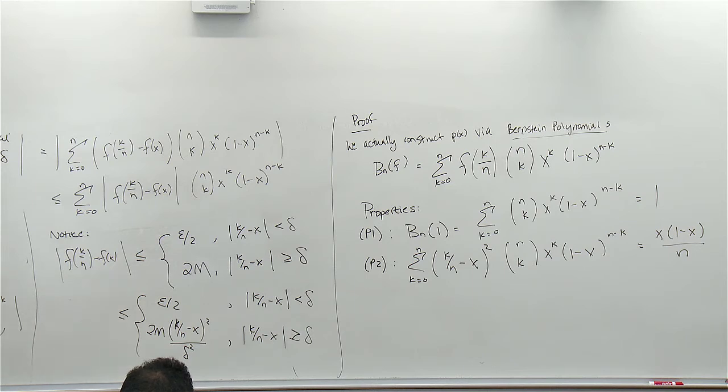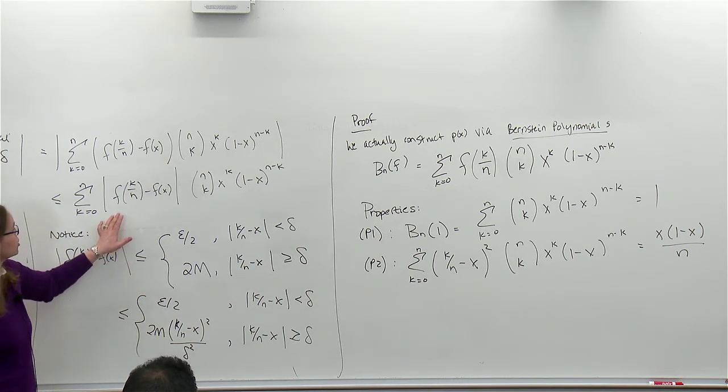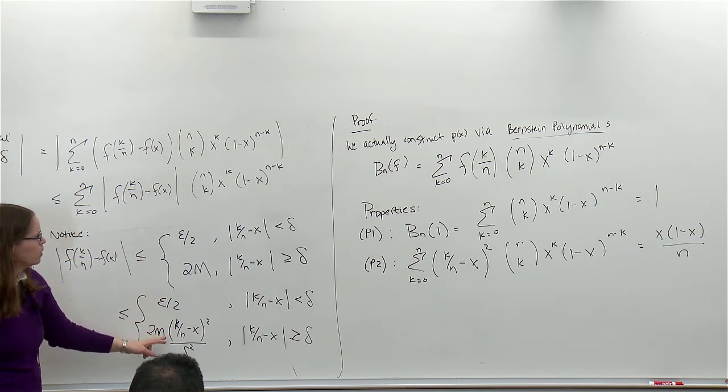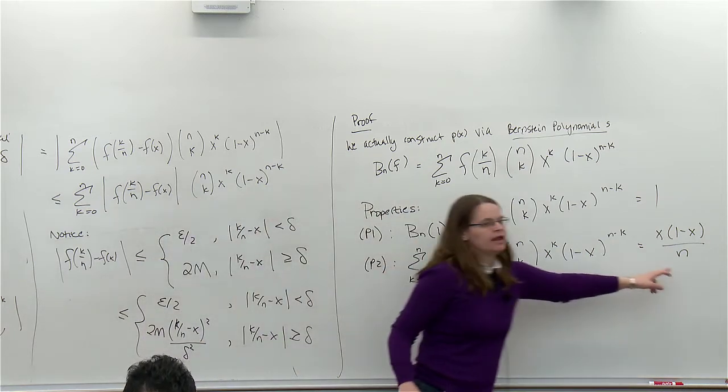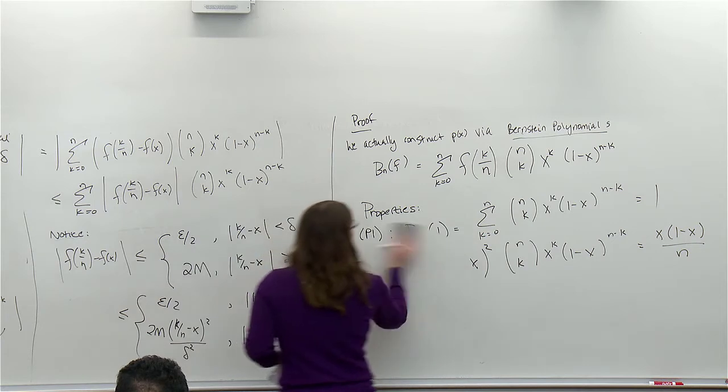Yep, see where this step is coming from? Okay, so I got bounds, right? And both bounds are going to give me something that I can add up easily and either get something that looks like epsilon or something that hopefully has an n in the denominator, and then I can let n be big. So let's go back to our estimate.